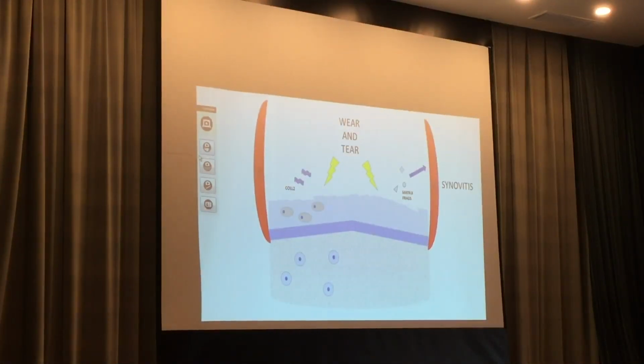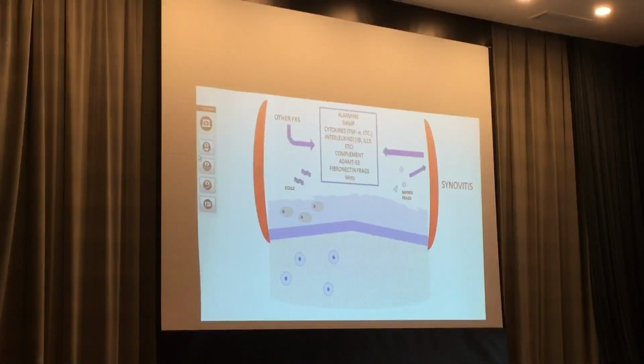They'll really anger it, and an angry synovial membrane will respond with an entire catalog of pro-inflammatory substances, signaling molecules, cytokines, interleukins, interferons, complement, which is what your immune system uses to attack foreign cells, and various other substances that you don't want floating around in your joint fluid.